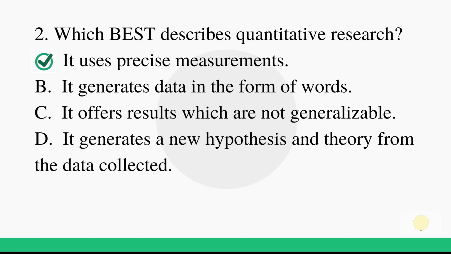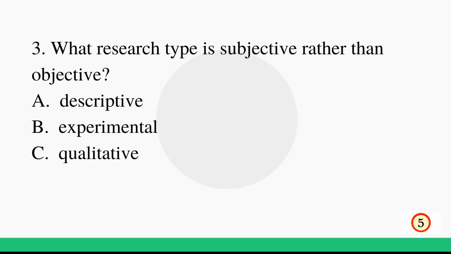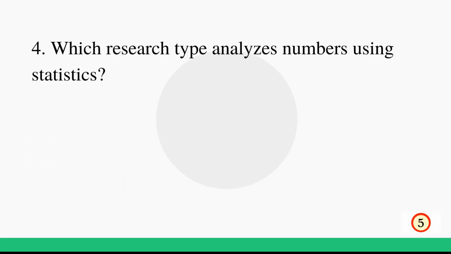Let's move to question number 3. What research type is subjective rather than objective? A. Descriptive. B. Experimental. C. Qualitative. Or D. Quantitative. You may now begin. And the correct answer is C. Let's move to number 4.